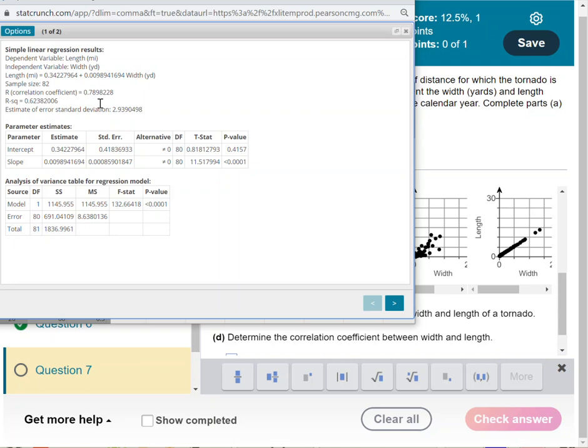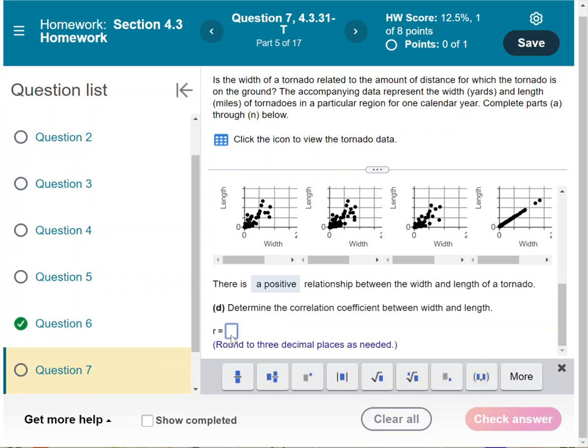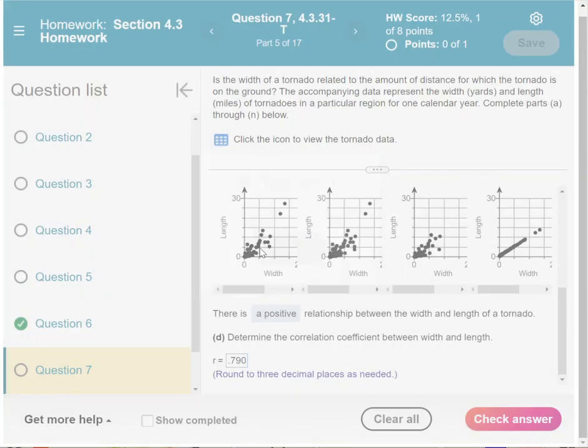So to 3 decimal places, that would be 0.790. And R squared, I'm going to go ahead and write that down just in case we need that. All right, so let's go ahead and put in our correlation coefficient of 0.790.